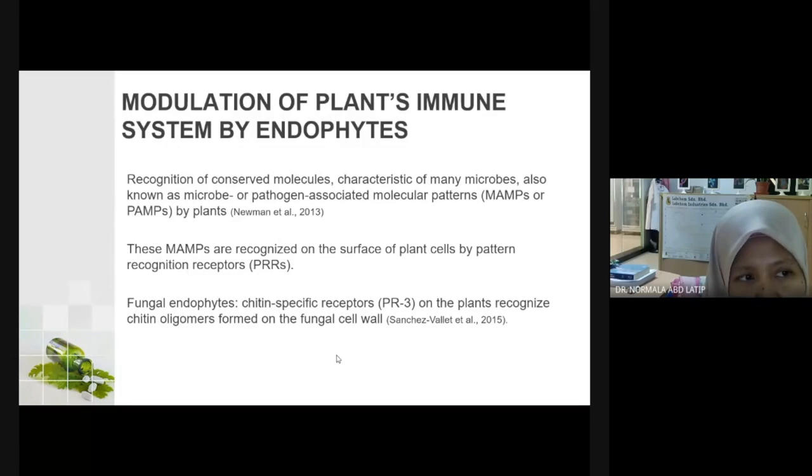So these conserved molecules allow the host plant to recognize whether it is an endophyte or a pathogenic microorganism. The MAMPs are recognized on the surface of the plant cells by pattern recognition receptors. For fungal endophytes, the plants have the chitin-specific receptors, which recognize the chitin oligomers formed on the fungal cell wall. So with this, they are able to recognize whether it is a fungal endophyte.